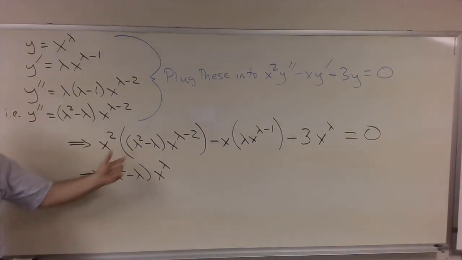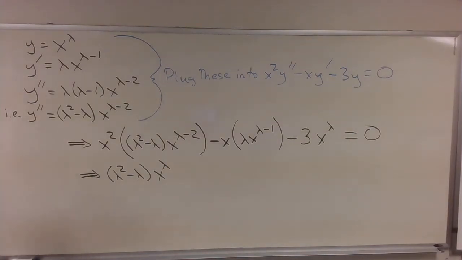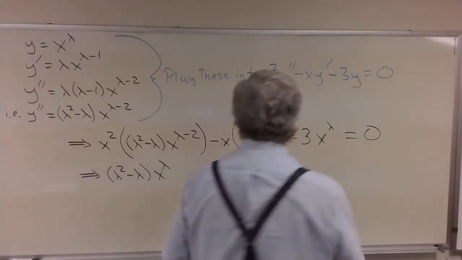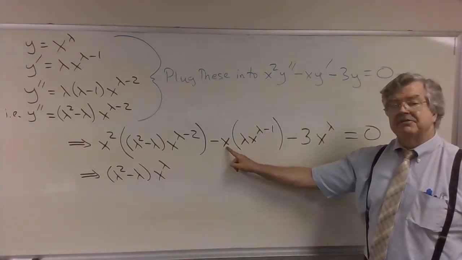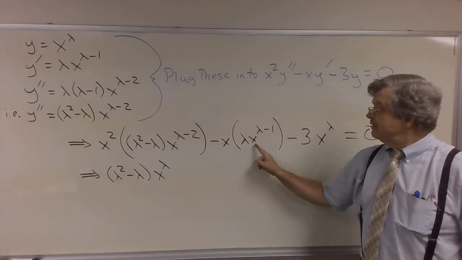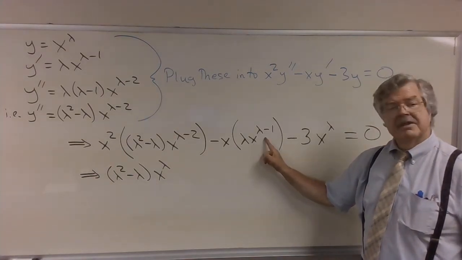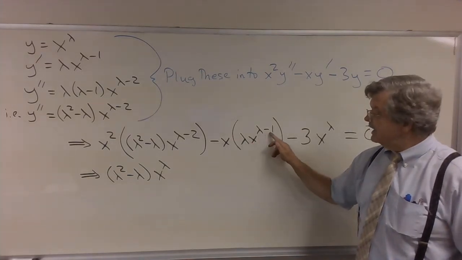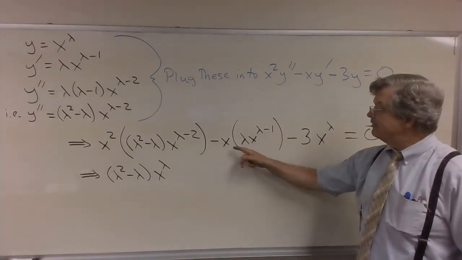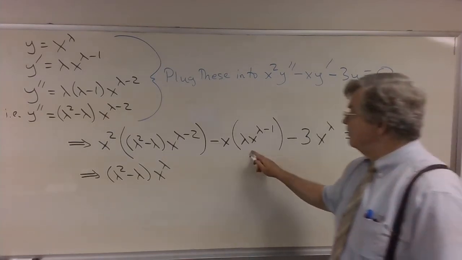That's what this term turns out to be. We have the same kind of thing going on in this term. This is x to the first, times x to a power. The exponents add. 1 plus lambda minus 1 gives us x to the lambda.